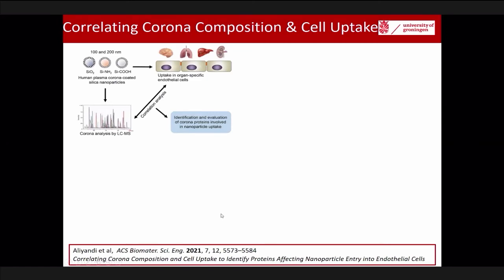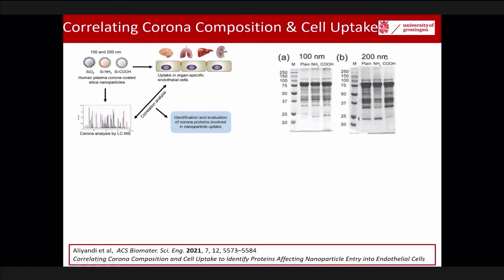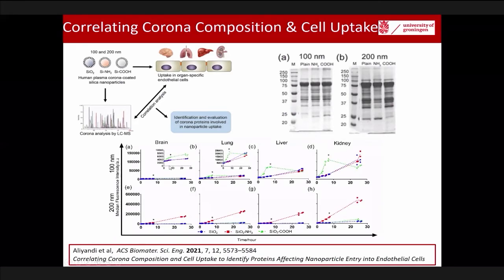We did it also with another panel of particles. In this case it was silica of different sizes and different functionalities. Different coronas, of course, when you change size and when you change charge. And in this case, we used endothelial cells because they're relevant for nanomedicine. Endothelial cells derived from different organs, and we compared uptake kinetics of these 6 nanoparticles in 4 different endothelial cell lines.